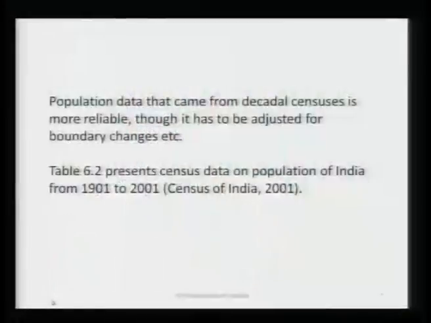Let us see what happens after that. Population data that came from decadal censuses is more reliable, of course, though it has to be adjusted for boundary changes, etc. And now we have a table which shows the population of India from 1901 to 2001, 100 years, the previous century. And this is the data on the population of India.